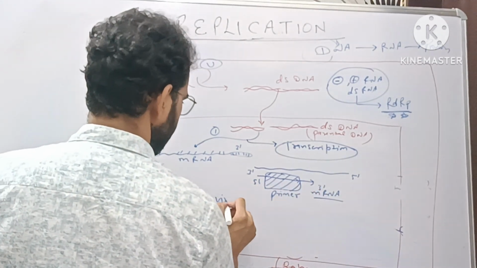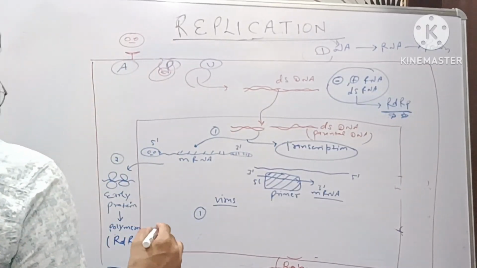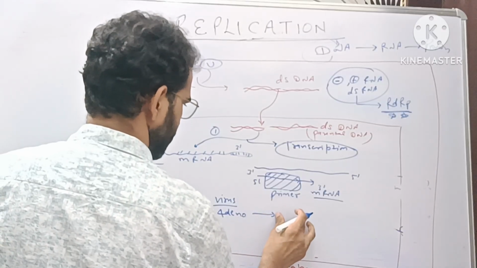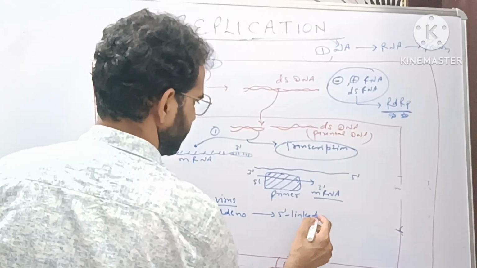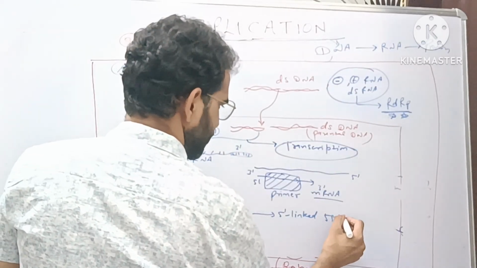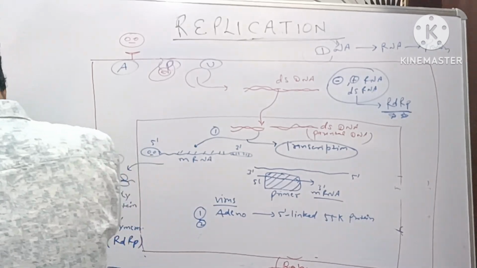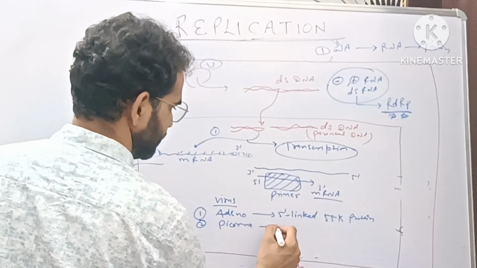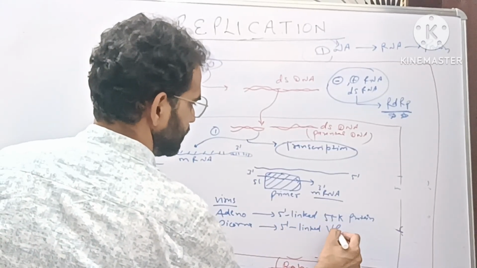Different viruses use different primers. For example, adenovirus uses a 5' linked primer, which is known as 55K protein. Number 2, picornaviruses, require a 5' linked VPg protein.